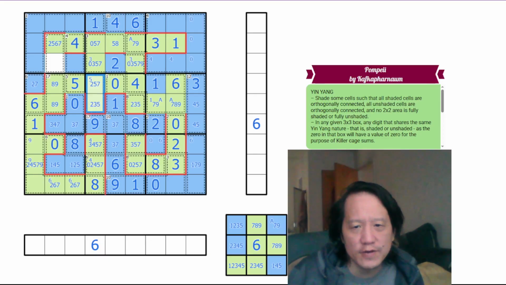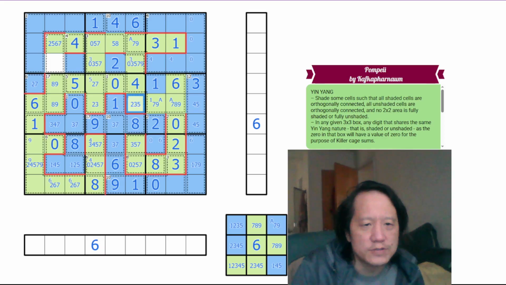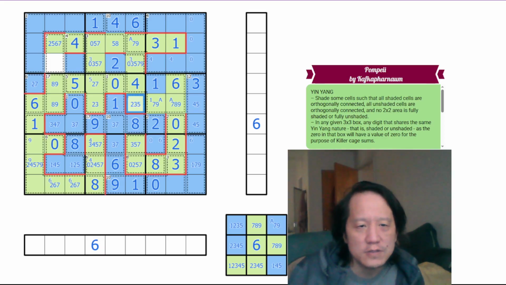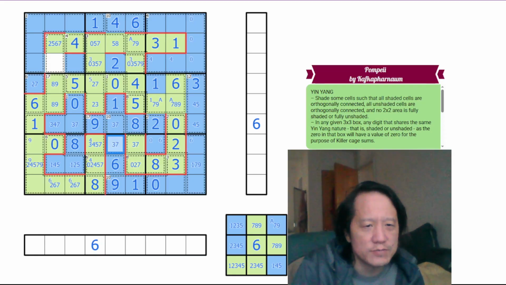This cannot be 5 here. Where's the 5 in box? Yeah, maybe this is valid. Box 5. That would force this not to be 5. This is a 3, 7 pair, which eliminates 3, 7 here, so this is 4.